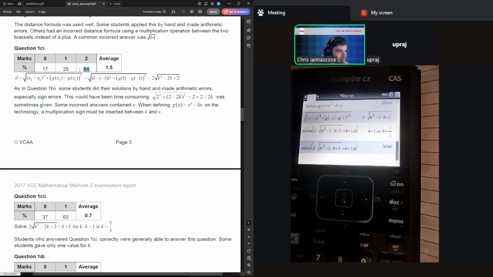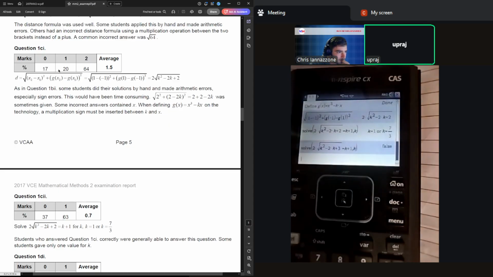The statistics at least seem to indicate that only people that scored 2 marks had a shot at solving this one, because you've gone from 64 down to 63. How come on question 1CI the percentage adds up to 101? That's kind of funny.